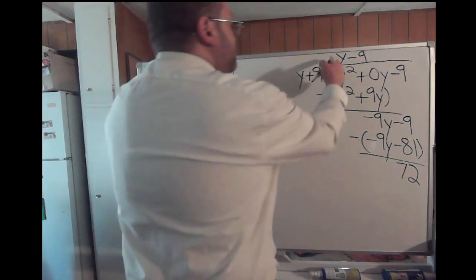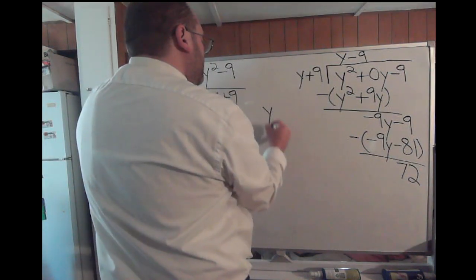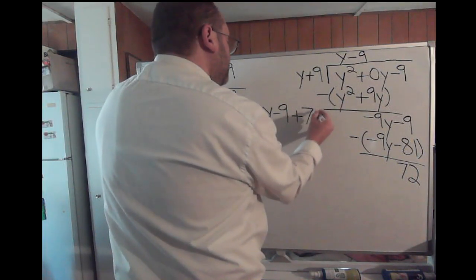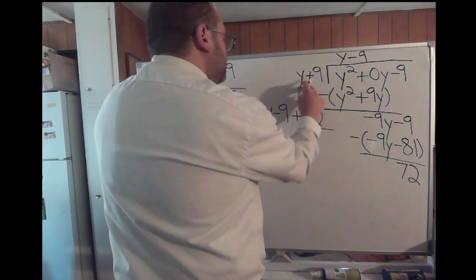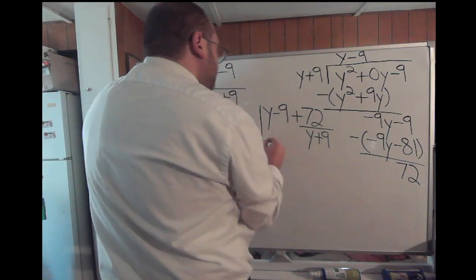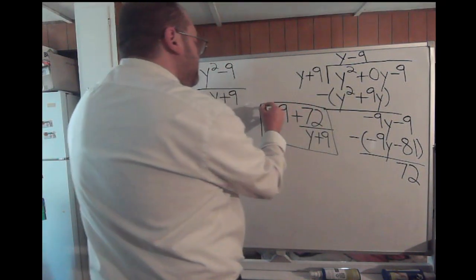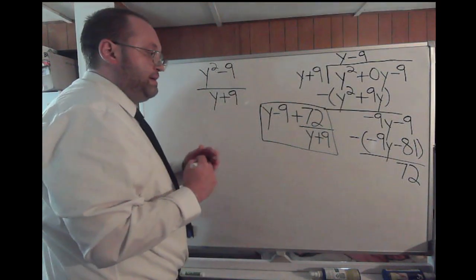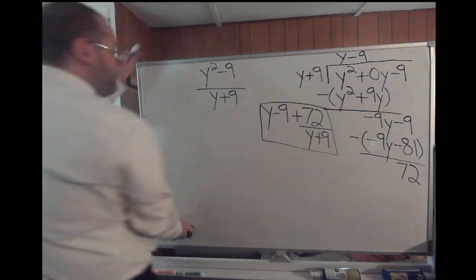What you're going to do is write your quotient here, y minus 9 plus that 72 all over that divisor of y plus 9. And that would be your answer for this: y minus 9 plus 72 all over y plus 9.